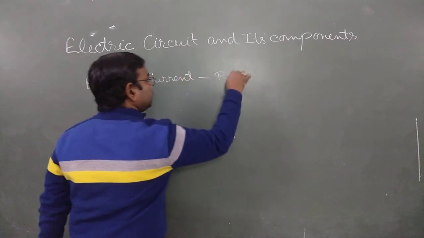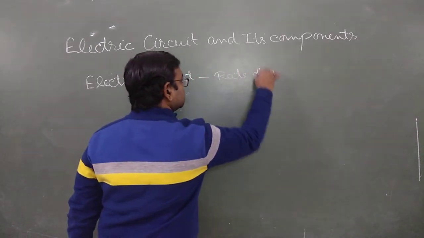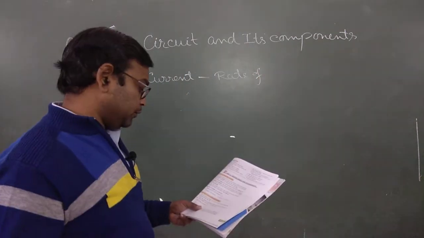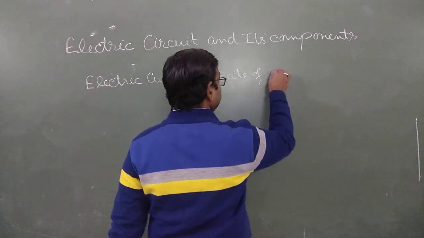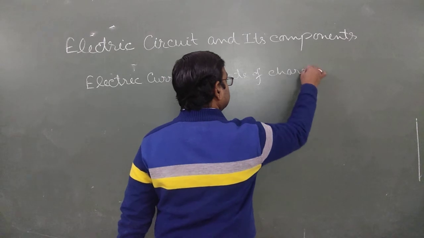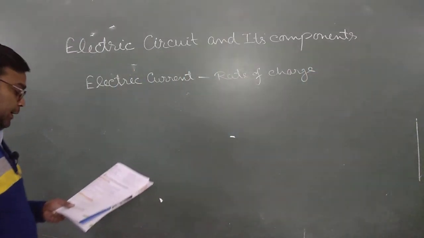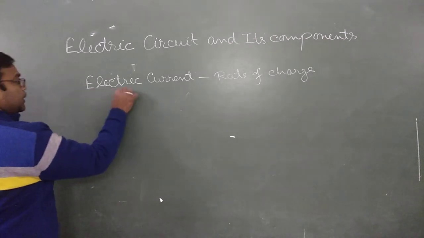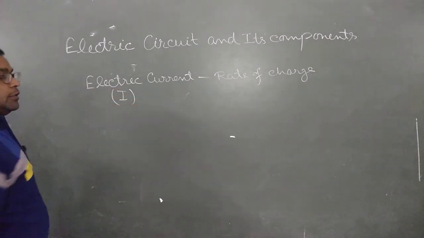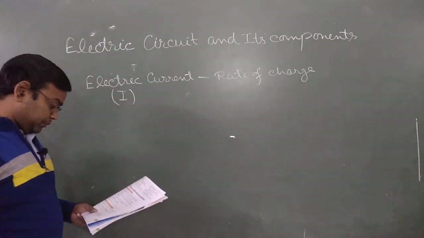It's the rate of flow of charges, and this electric current is denoted by capital I. Clear? Symbol is capital I.